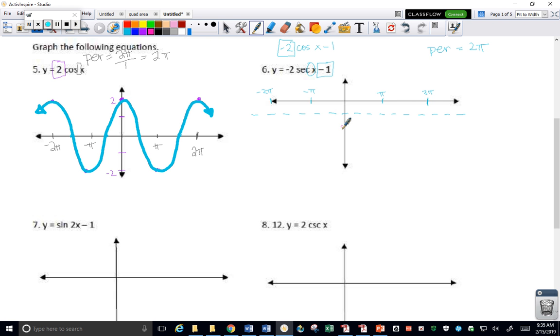So because it's negative, cosine will start 2 units down, below your midline, where positive cosine starts above, which means it's going to end 2 units below the midline, and at halfway it's going to be 2 units above the midline. So our midline's at negative 1, means your maximum is at positive 1.